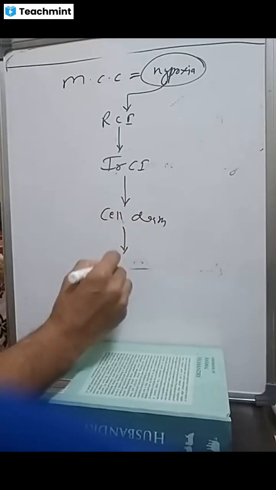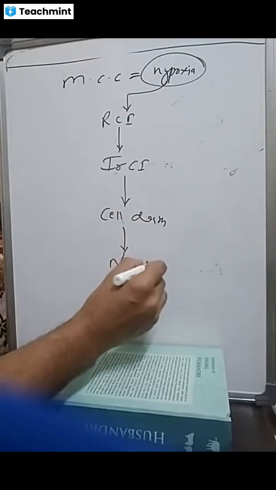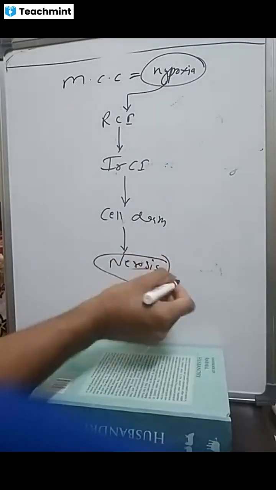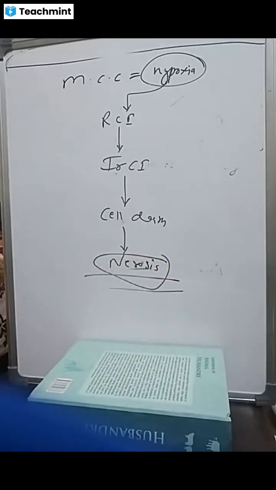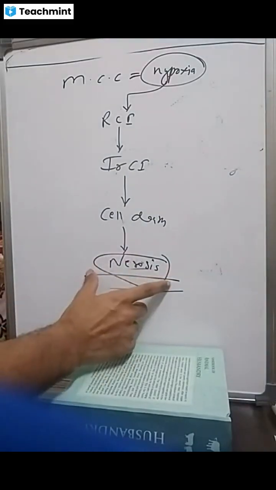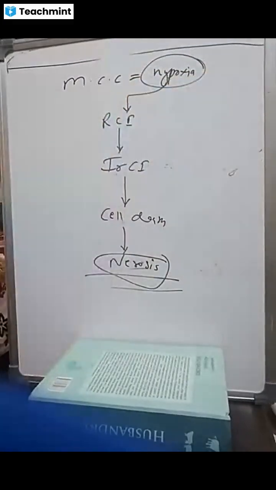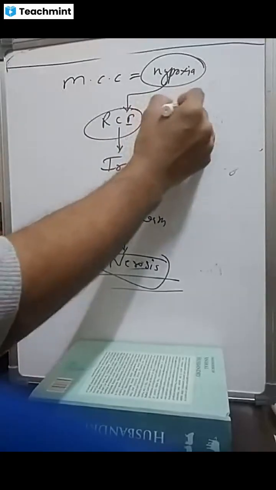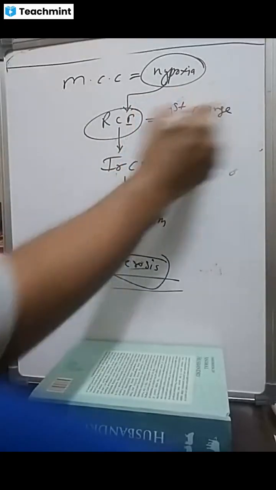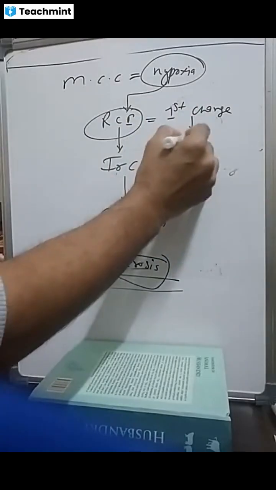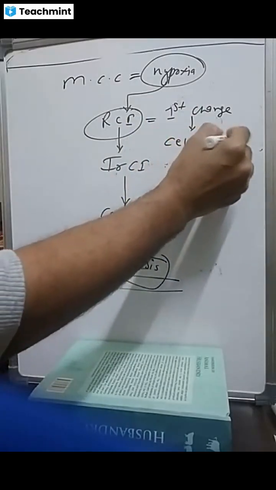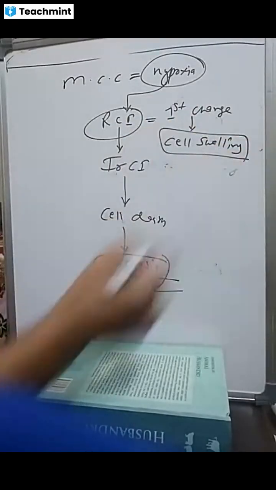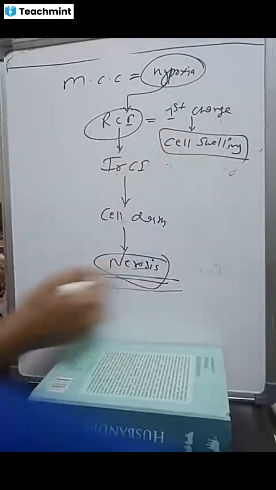And after cell death, we'll see the pattern of morphological changes called necrosis. So in case of necrosis, because of hypoxia, in reversible cell injury, the first change is cell swelling. Cell swelling is there in necrosis.